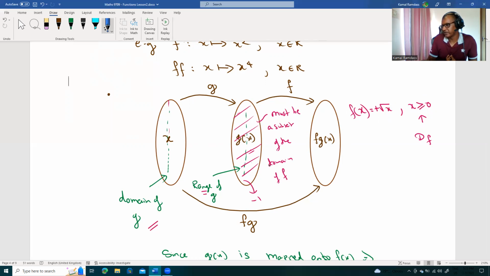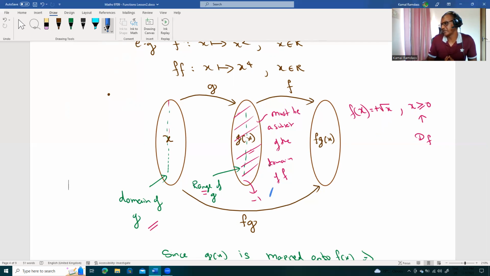Here, for g, I have minus 1. And so the composition of functions does not exist, because root of minus 1 does not exist. OK? Root of minus 1 does not exist for real numbers. OK?